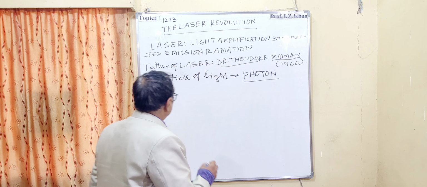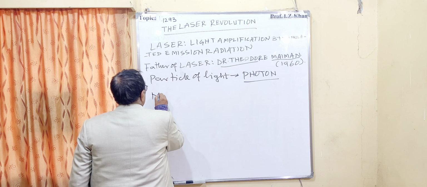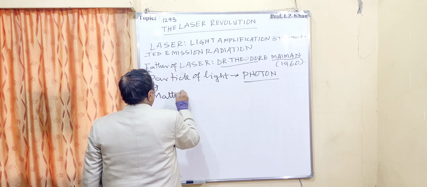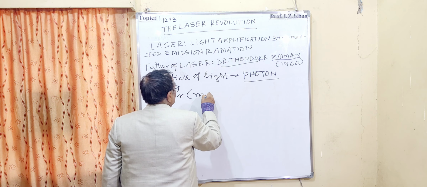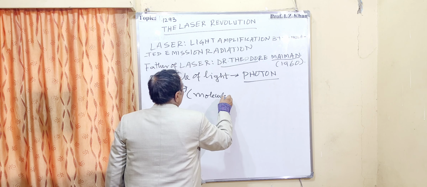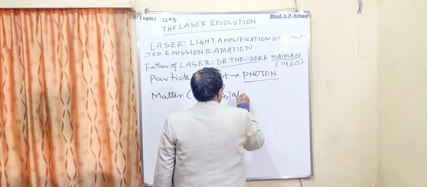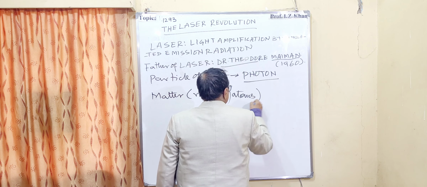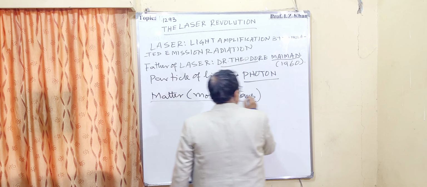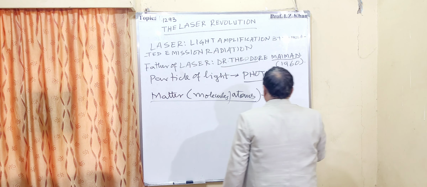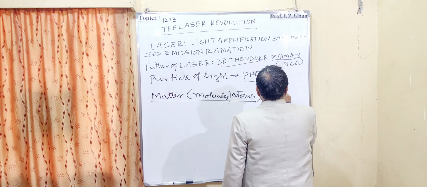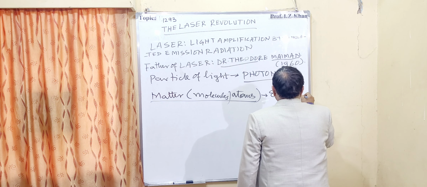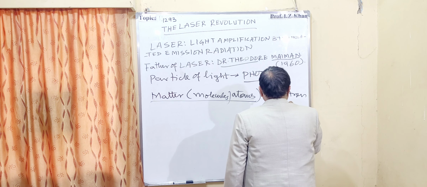And then atom and matter. Matter is made up of molecules and atoms, and the particles of these molecules and atoms are the electron, proton and neutron.